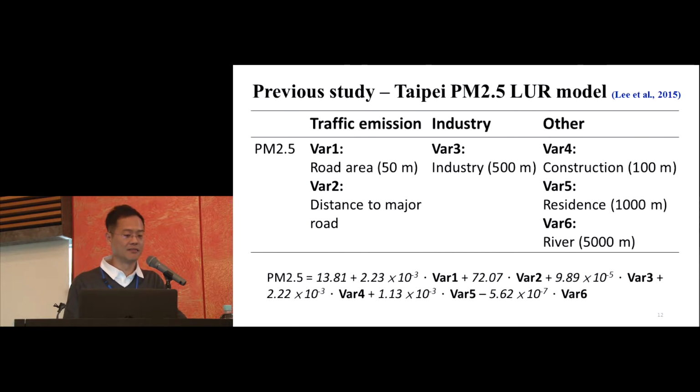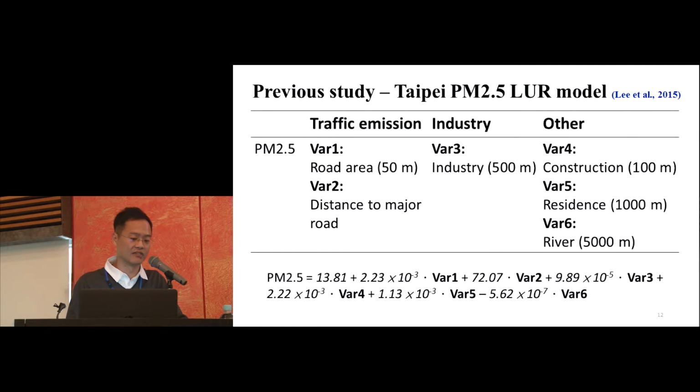So in my previous study I established a PM2.5 LUR model in Taipei. This model is for long-term exposure. This table shows the final model result. As you can see, this final model includes 6 variables. I distinguish them into 3 categories.